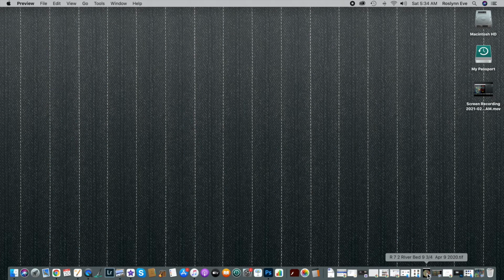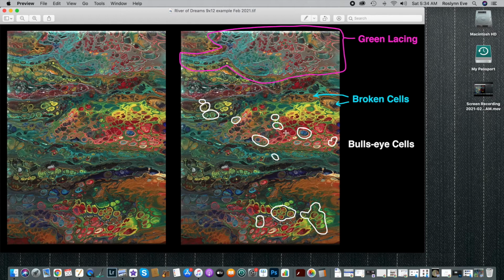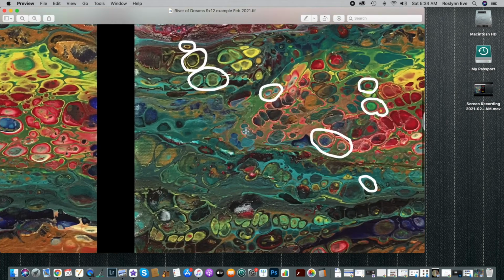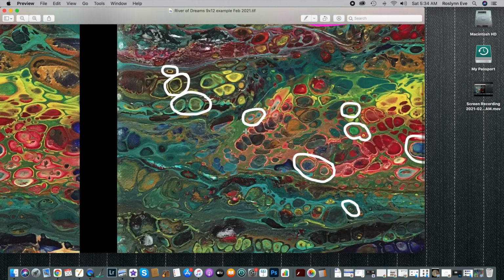We're going to have another example here, and let's bring it in a little closer. I'll zoom it in, and you can see we've got some more bullseye cells. This is a beautiful bullseye, this tiny one, but again not perfect because it's oval rather than round, and these ones too.